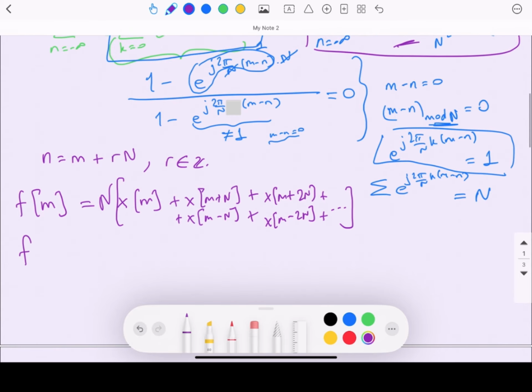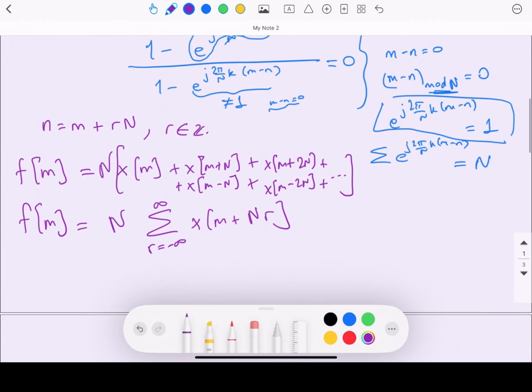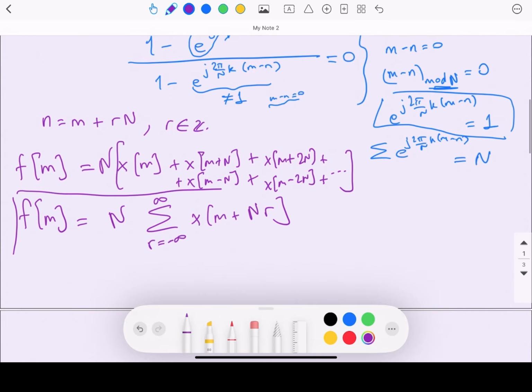So we can express this f of m as N times the summation, where r is an integer going from minus infinity to infinity, of x of m plus N r. So we have this.